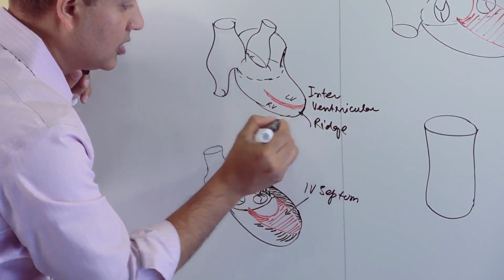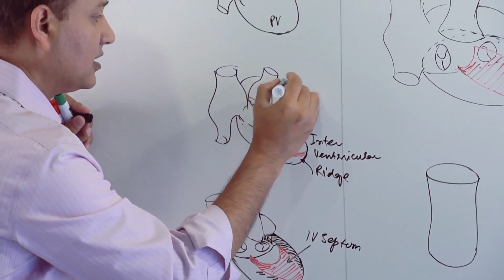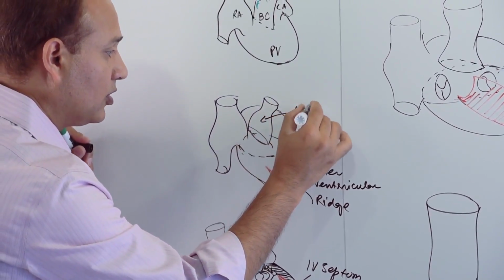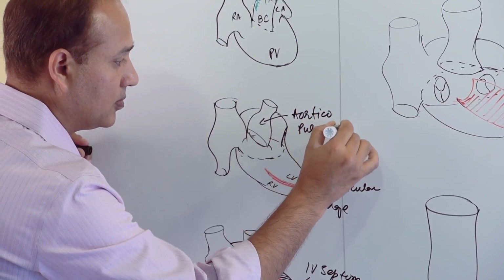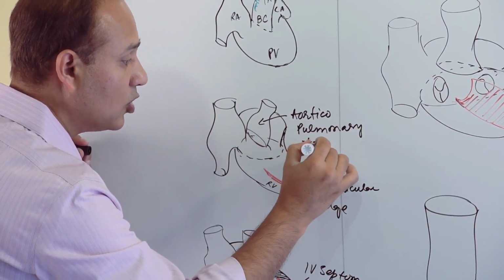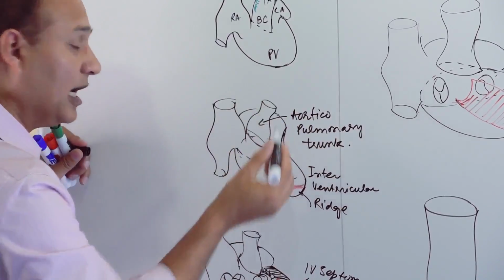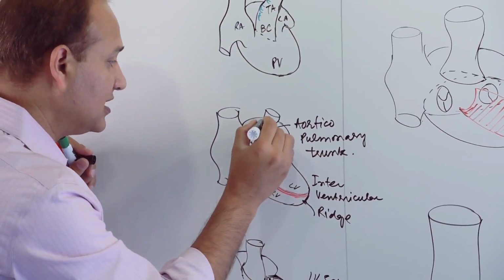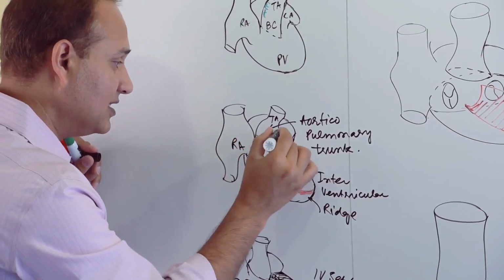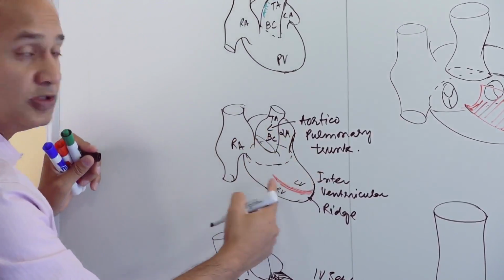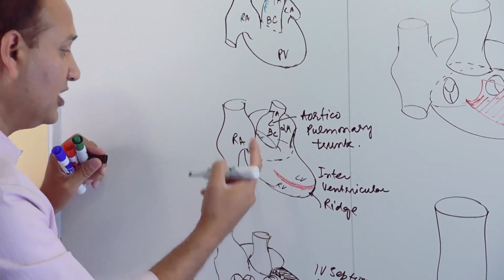This is the aorticopulmonary trunk, also called the outflow tract, having truncus arteriosus and bulbus cordis in it. This is right atrium, this is left atrium, and the two dividing ventricles.